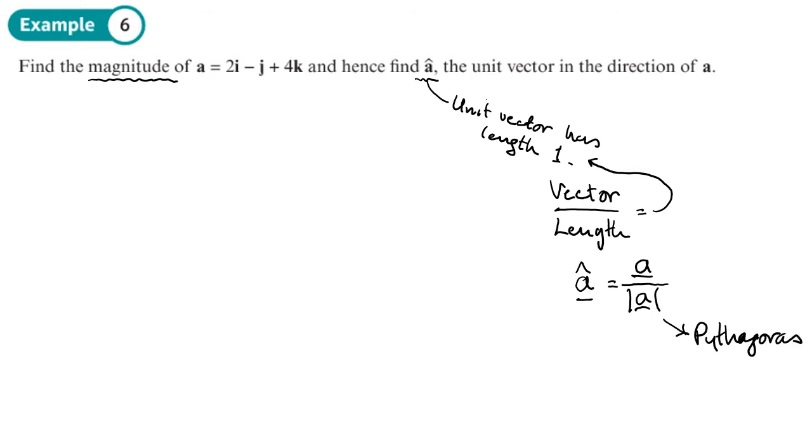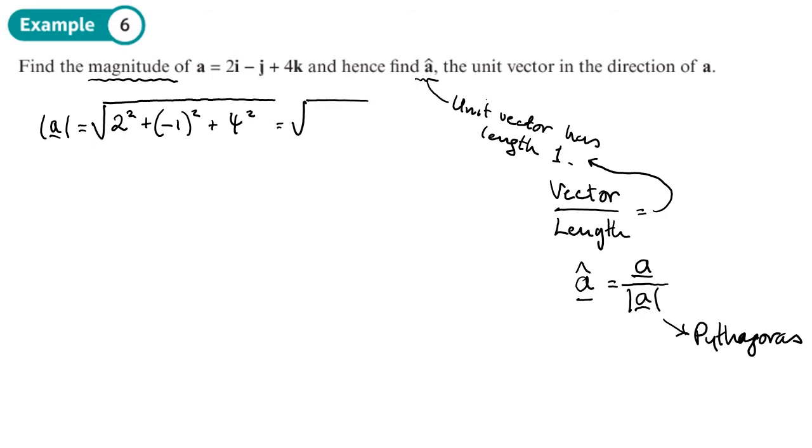So let's do that, so we need to find the length or the magnitude of A. We could write it like this. The length of A equals 2 squared plus -1 squared plus 4 squared.